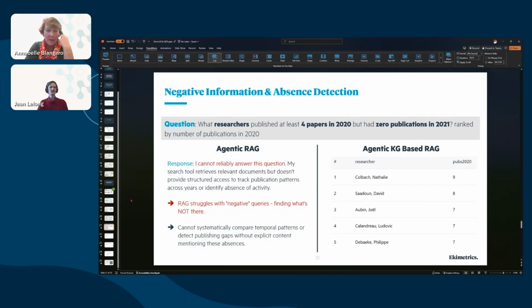Finding what is not there is extremely difficult for the Agentic RAG, whereas our solution does that very well. It is able, using this multi-hop and using the knowledge graph, to extract all the information and then to rank this information into the table that you can see here on the right.